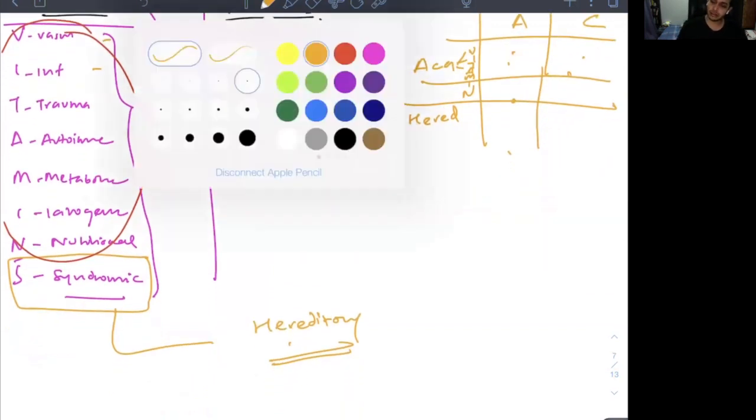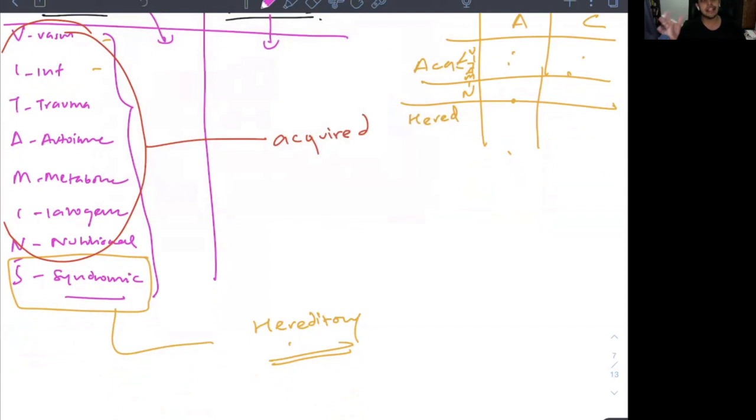Roughly, the causes will remain the same as the ones that we discussed previously. So vascular, you can have stroke; infection, you can have tuberculosis, or meningitis or meningoencephalitis; any trauma, usually acute, but could be a chronic trauma. Autoimmune could be multiple sclerosis, or a chronic or an acute autoimmune encephalitis.